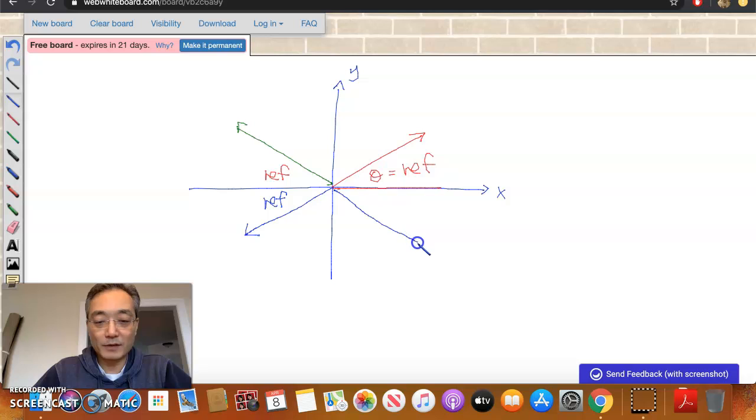My reference angle in the fourth quadrant is going to be right here, because again it's formed by the x-axis and the terminal side, and it's acute. Now I'm going to highlight them and put them together, using one color.